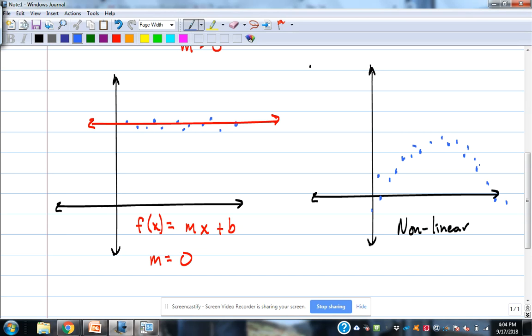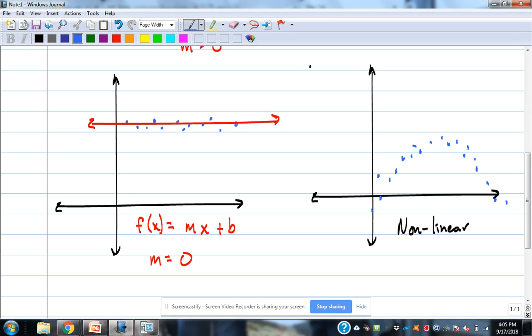We can see that these points here follow some sort of pattern, but it's not a straight line. That's what we're going to go to in section 4.3. It seems to follow a quadratic shape, but it's a pattern, but it's non-linear. So first section 4.2 is going to be about linear things, and when we get to 4.3, we're going to kind of jump to quadratic things.